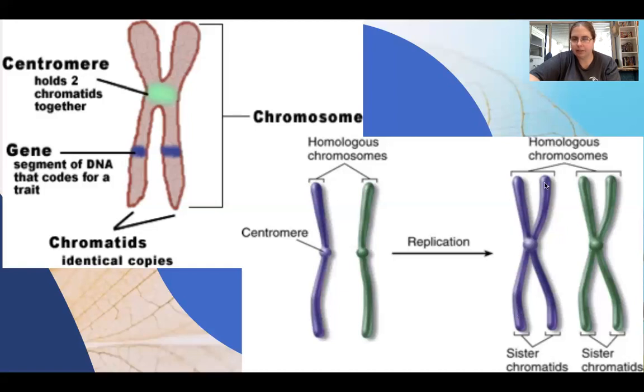Both of these are considered sister chromatids for the same chromosome. Same with the green. We have this one here and the copied version here. Both of them are sister chromatids for the same chromosome connected at the centromere. So during G1, your chromosomes would look like this. After S phase, that's when they look like this. So it's just two identical copies of the same genetic section.